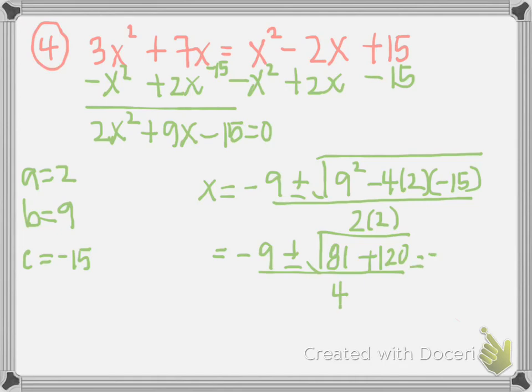So this is going to be a negative 9 plus or minus the square root of 201, all over 4.